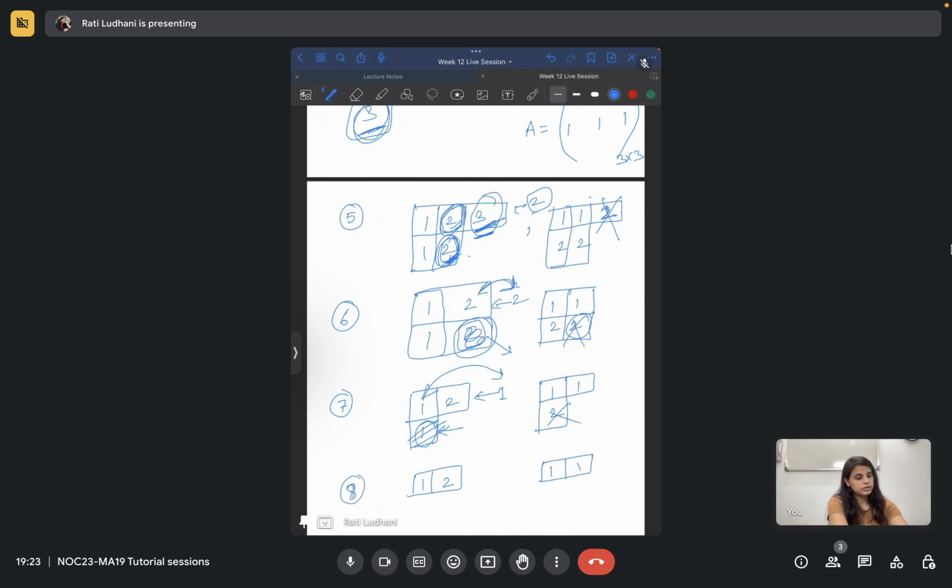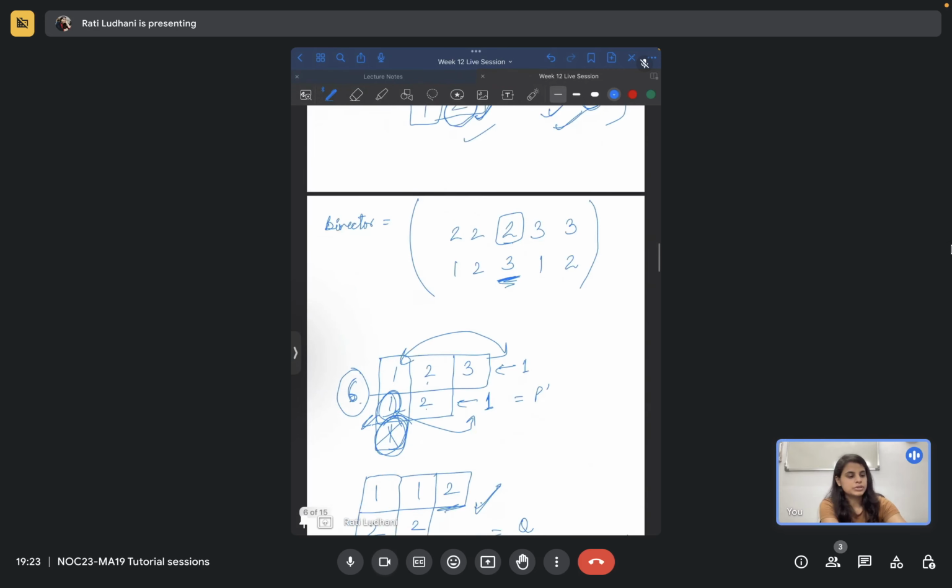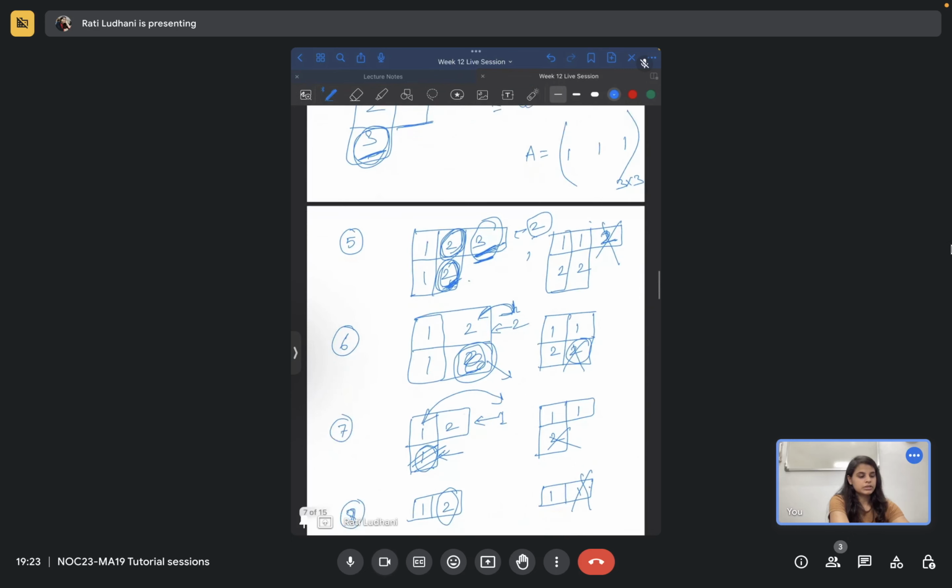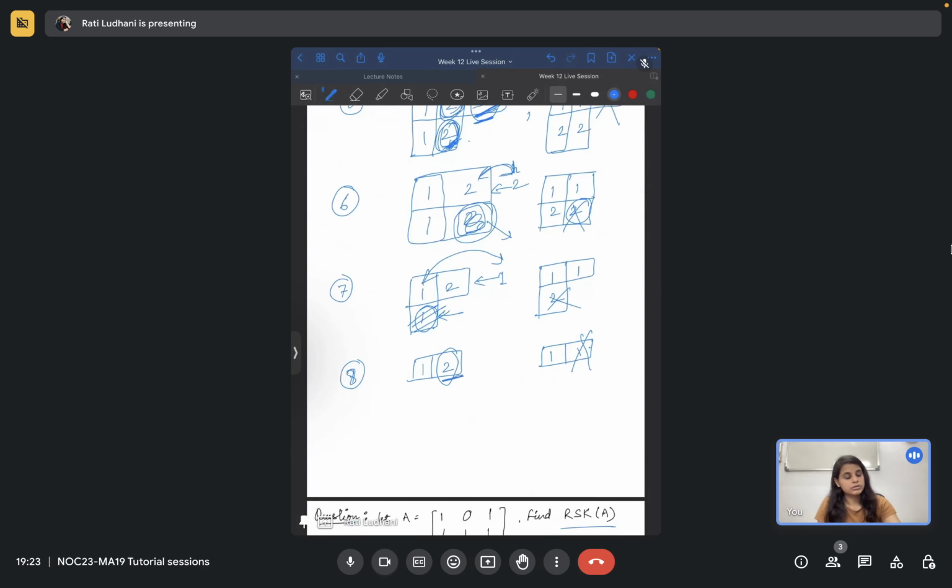Now the 1 we take means this 2 1, and this 1 2. Exactly. So 1 2, the row number is 1 and the column number must be 2. And the ninth is 1 and 1.